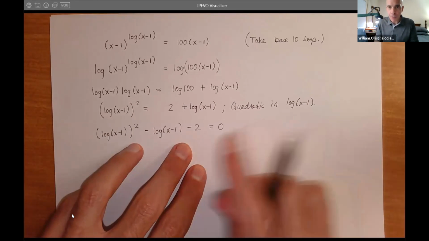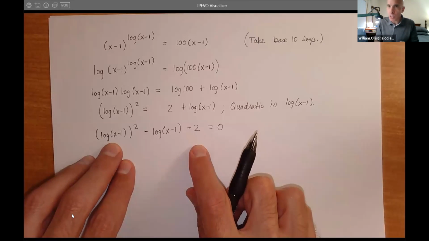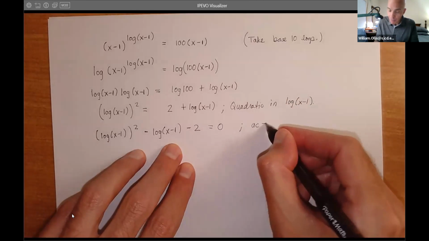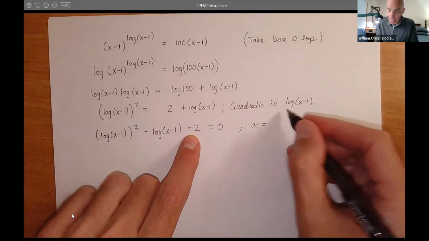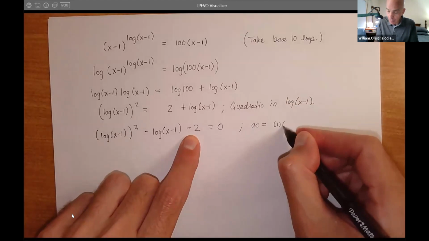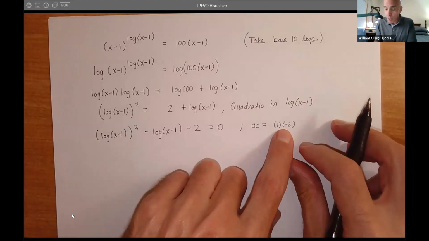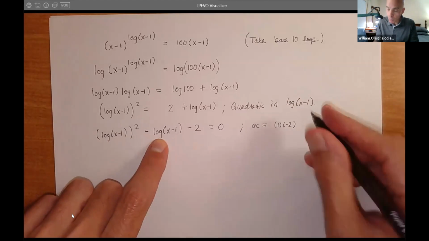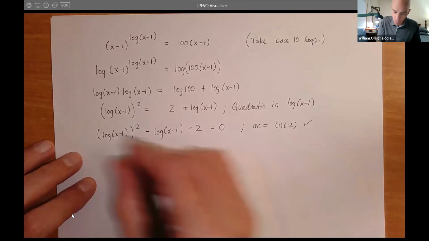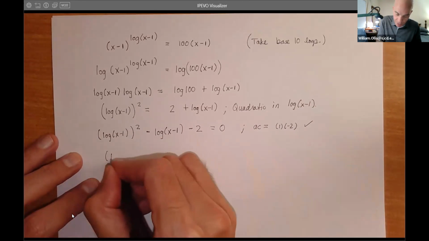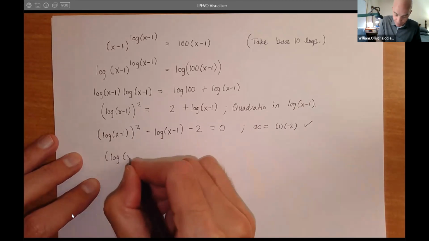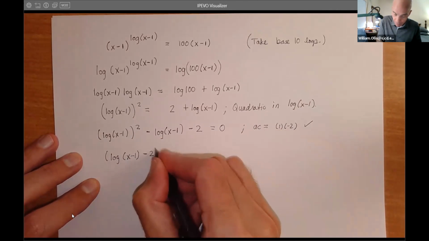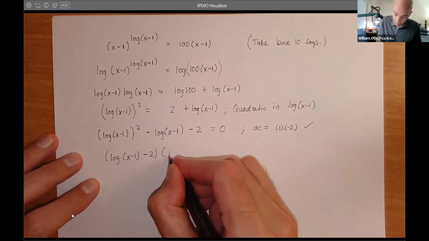Now, if we look at this quadratic in log of x minus 1, by Professor Ron's lemma AC, we get a 1 times a negative 2. But the sum of these 2 numbers, the z and w, is actually the coefficient of the log term. So that will work. And of course, the leading coefficient is 1. So this is an easy factorization. So we can use minus 2, and we can use plus 1.